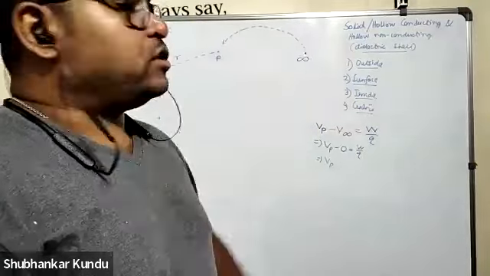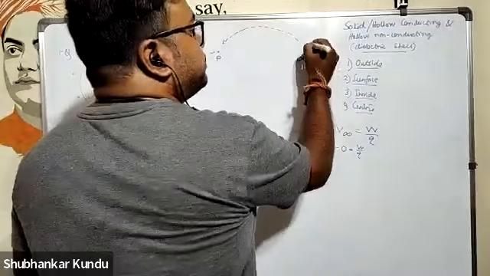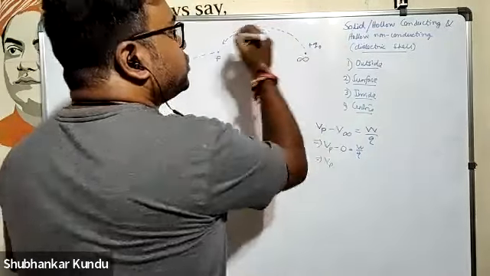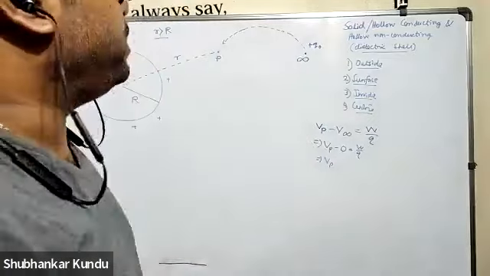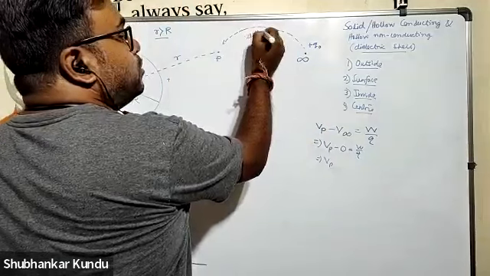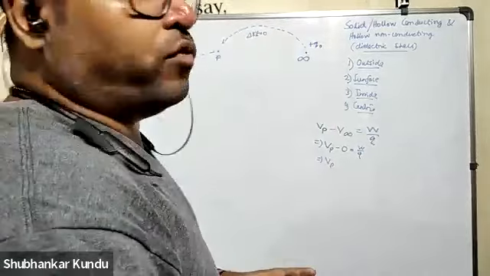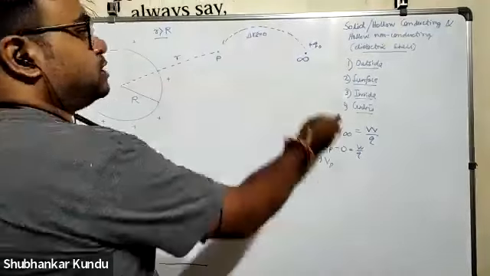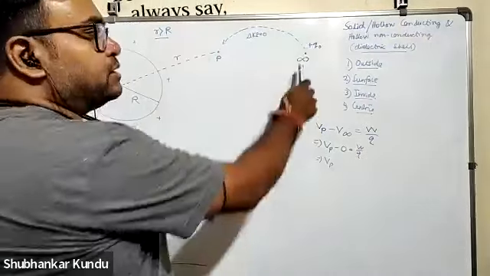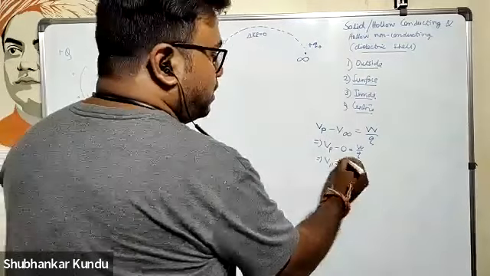So we take the reference point as infinity, and from infinity we bring a small test charge to P, in such a way that there is no change in the kinetic energy of the charge. We see the work done in the entire process, and the work done per unit charge is the potential difference between the two points. And this is already 0, so we'll have the potential at P as the work done upon q.